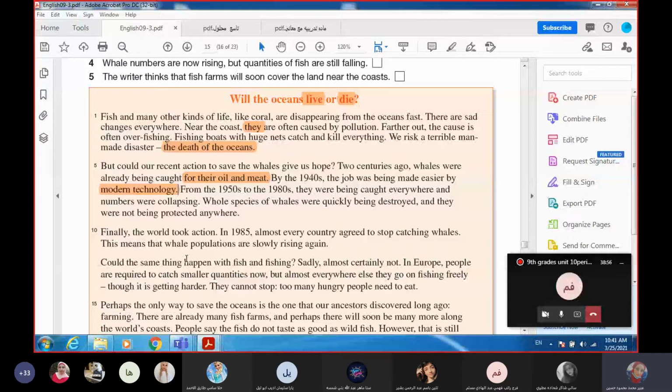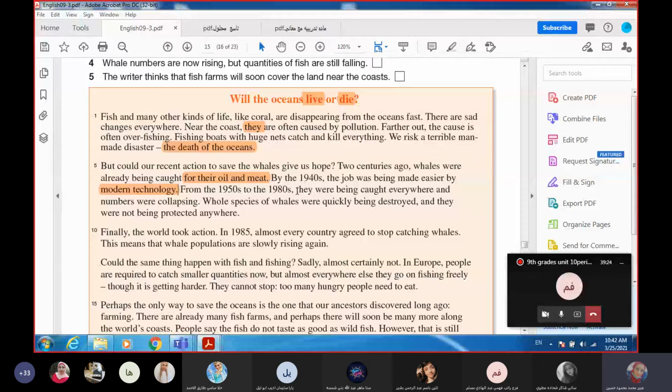So from the 1950s to the 1980s there was a big problem: the population of whales in the world was coming down quickly. They were being caught everywhere. Who are they? The whales.